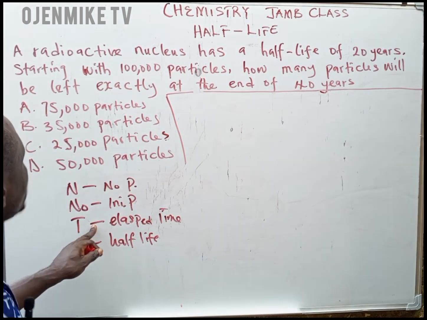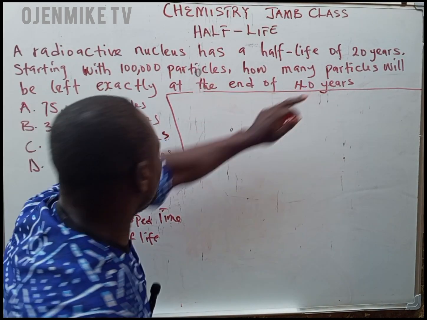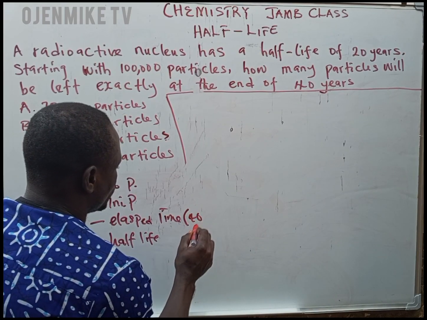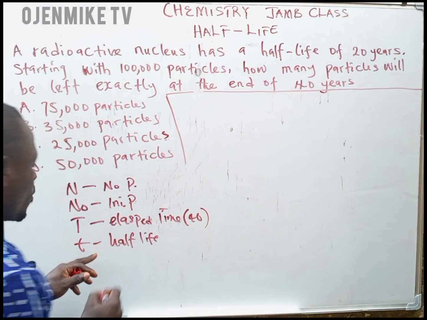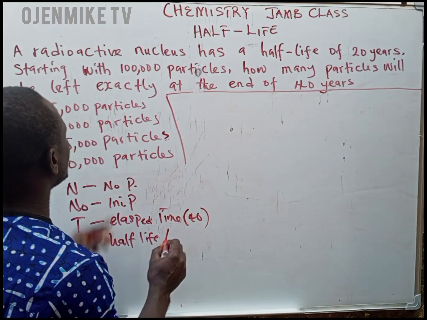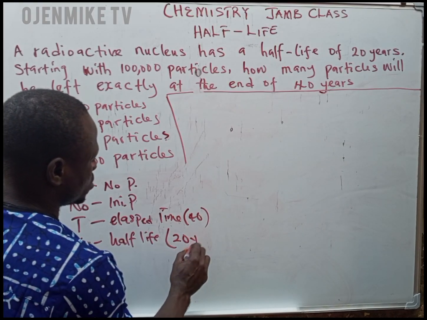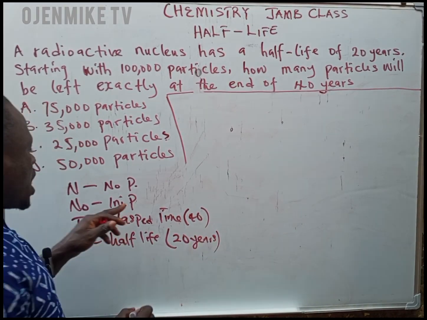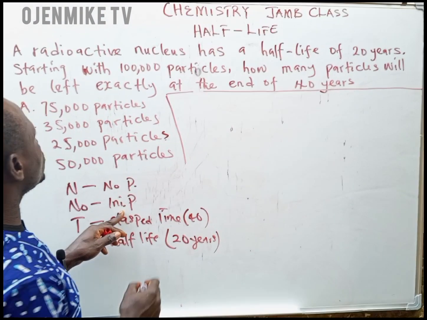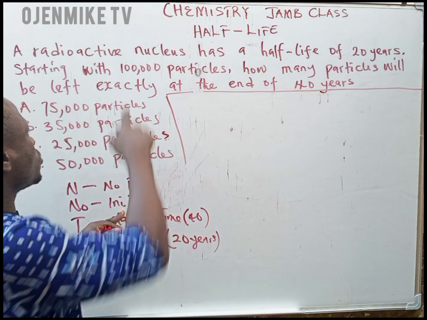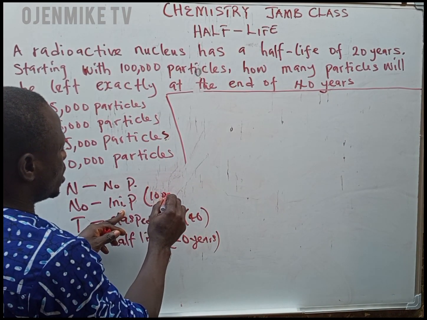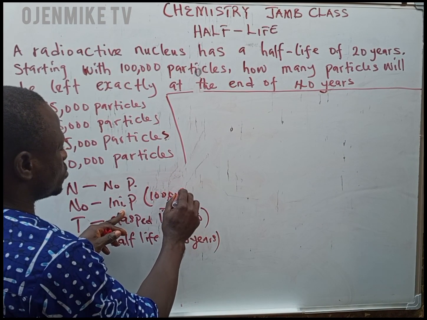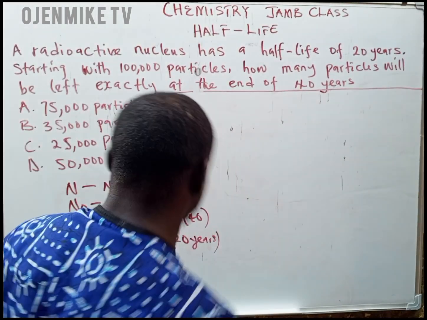The elapsed time is given as 40 years. Our half-life time is given as 20 years. Our initial number of particles is 100,000.